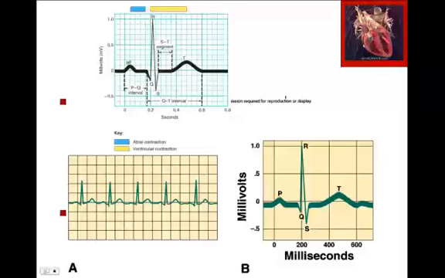Now, as these cells repolarize, that's going to happen here. We're not going to see the repolarization of those cells because what ends up happening is we see the depolarization of the ventricles. So that's the QRS wave. This QRS wave is showing you the depolarization of the ventricles.